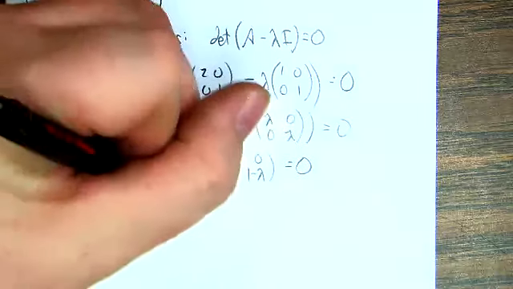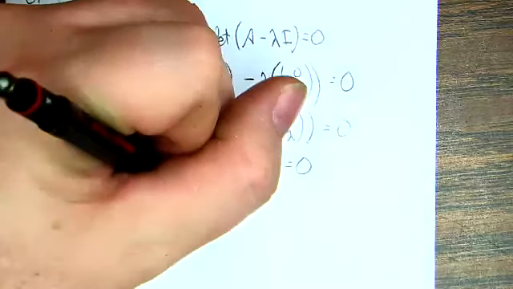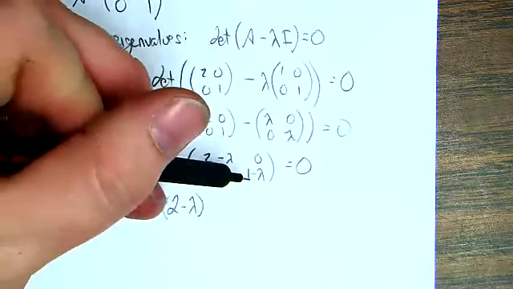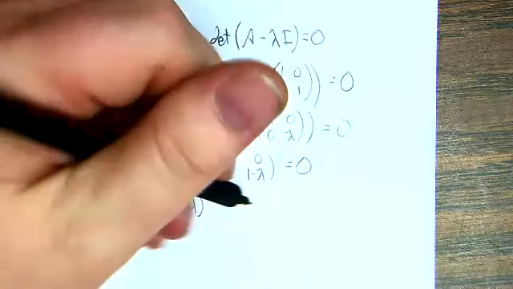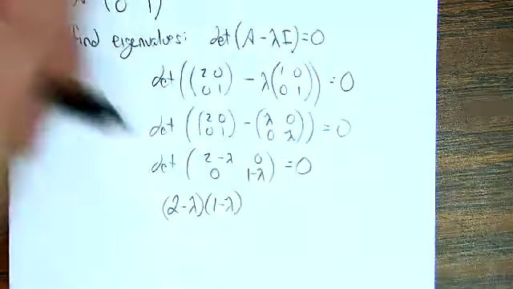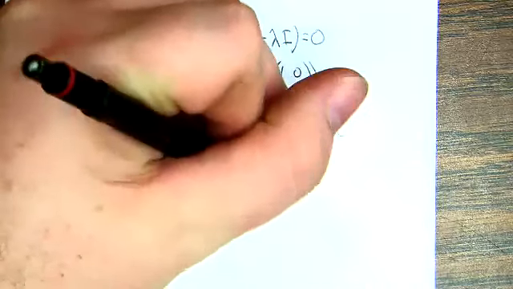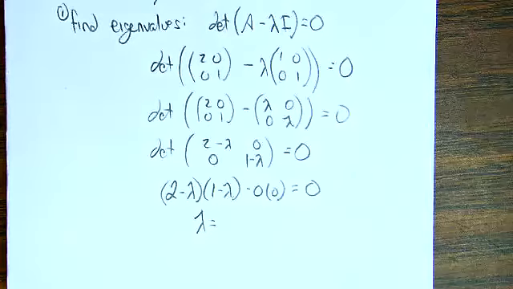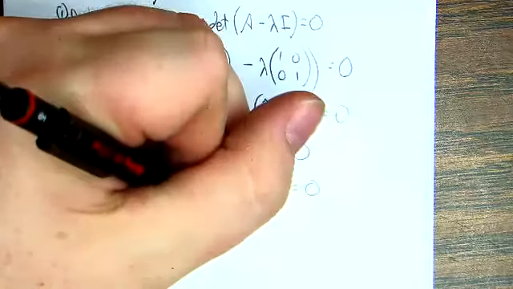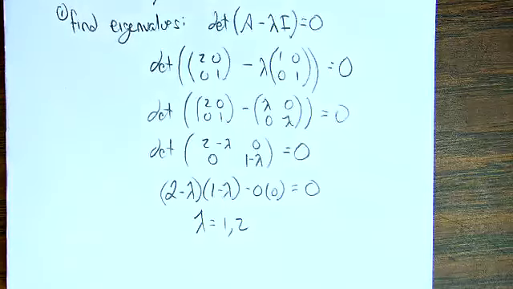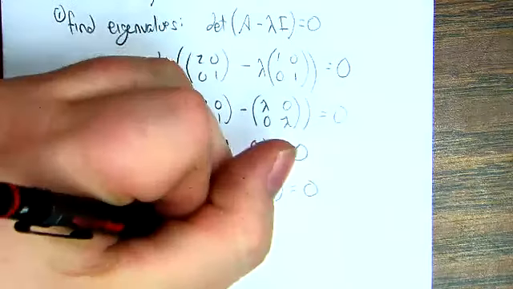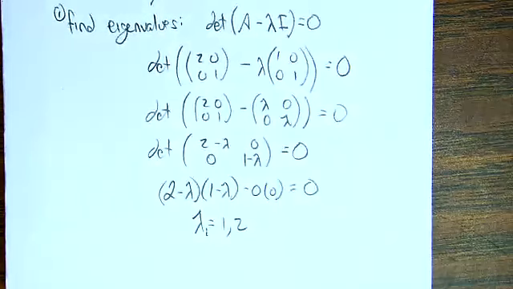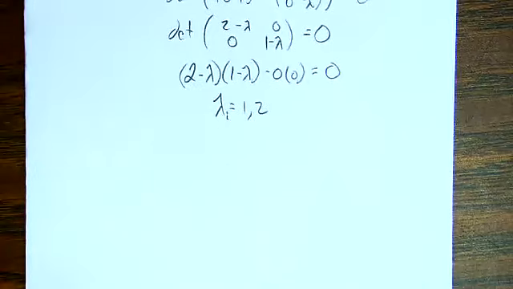The determinant of a 2 by 2 matrix is 2 minus lambda times 1 minus lambda minus 0 times 0. And I need that to be equal to 0. This is quadratic in lambda. So we get solutions lambda equals 1 and 2. So we have two eigenvalues of this matrix. Now we need to find the eigenvectors.